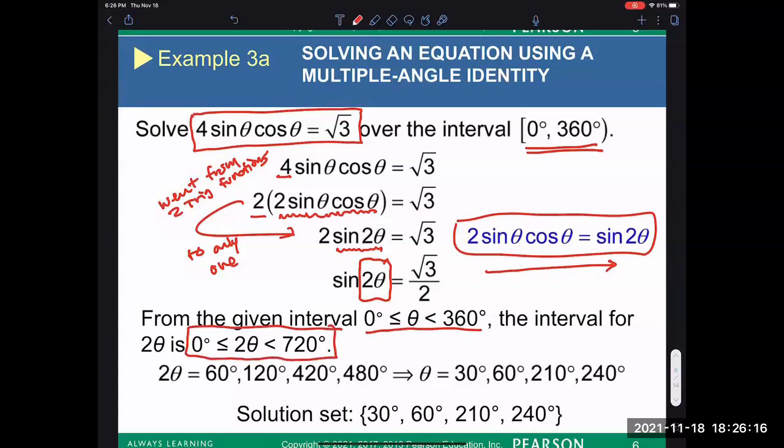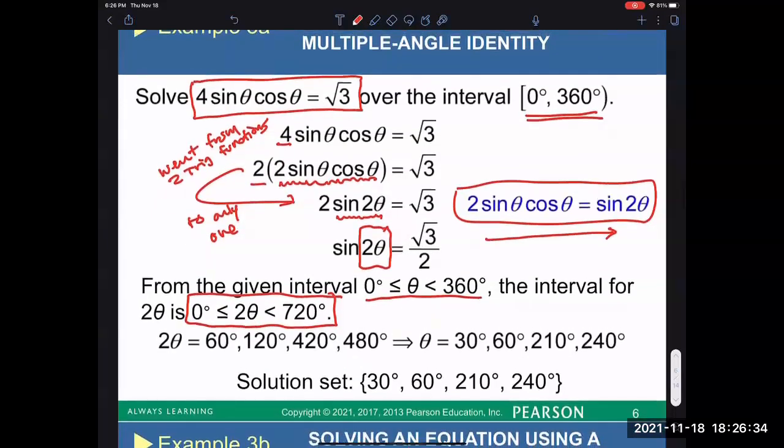So when I find double-theta angles for sine that give me square root of 3 over 2, all the ones between 0 and 720 degrees will give me theta values between 0 and 360 degrees. They basically do this with guess and check, because square root of 3 over 2 is one of our nice results for a sine function.